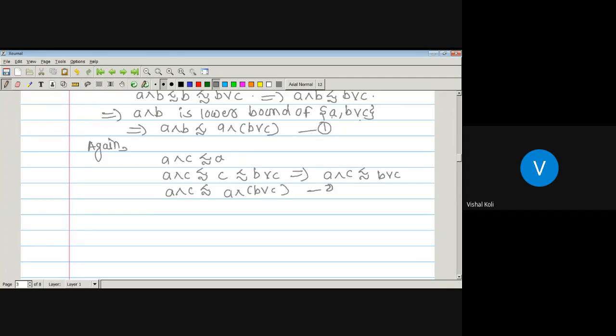Take this one as equation 2. Now from equation 1 and 2, A meet B precedes A meet (B join C) and A meet C precedes A meet (B join C).